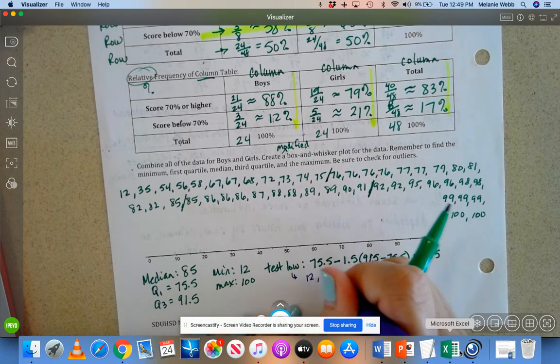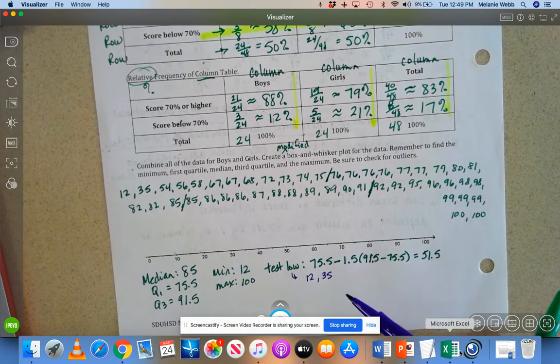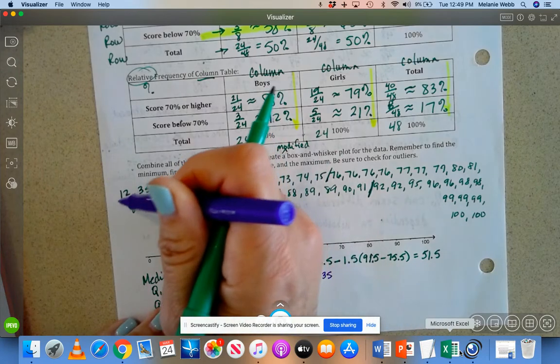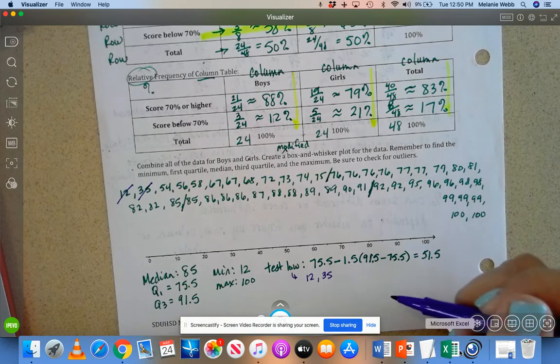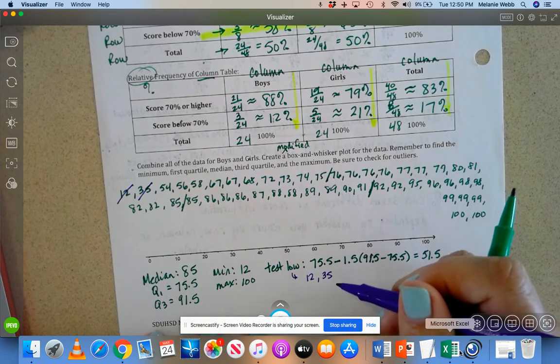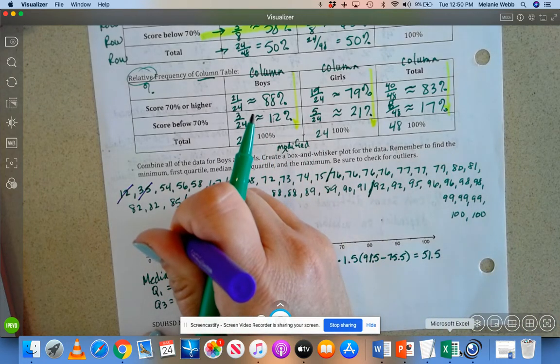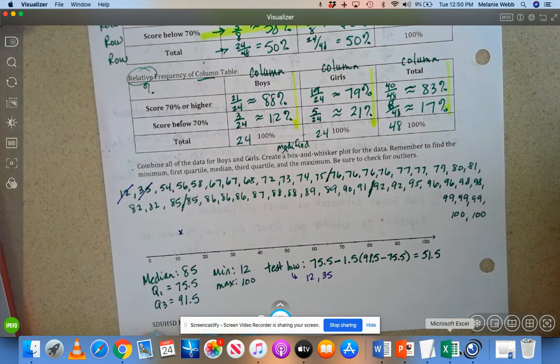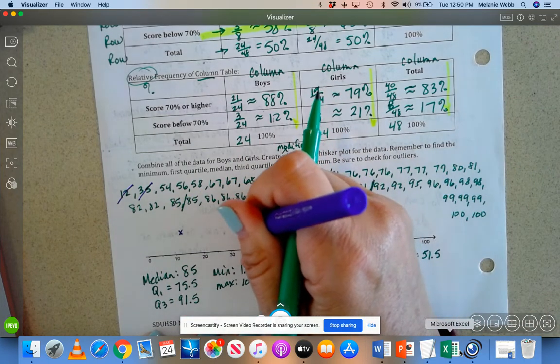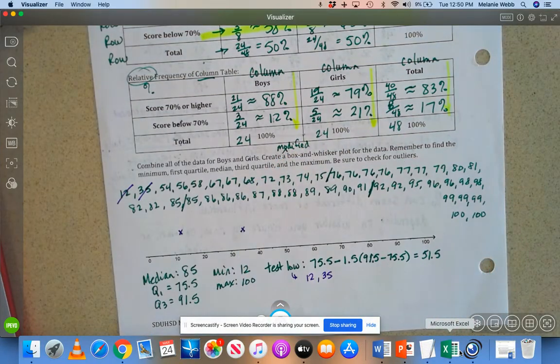So I'm going to have to refigure my 5-number summary without 12 and 35. Those are my outliers. I also need to mark them on my box plot. So 12 is about right here with a little X, and 35 is about right here. I have to indicate that those are outliers. Now I have to test for higher outliers.